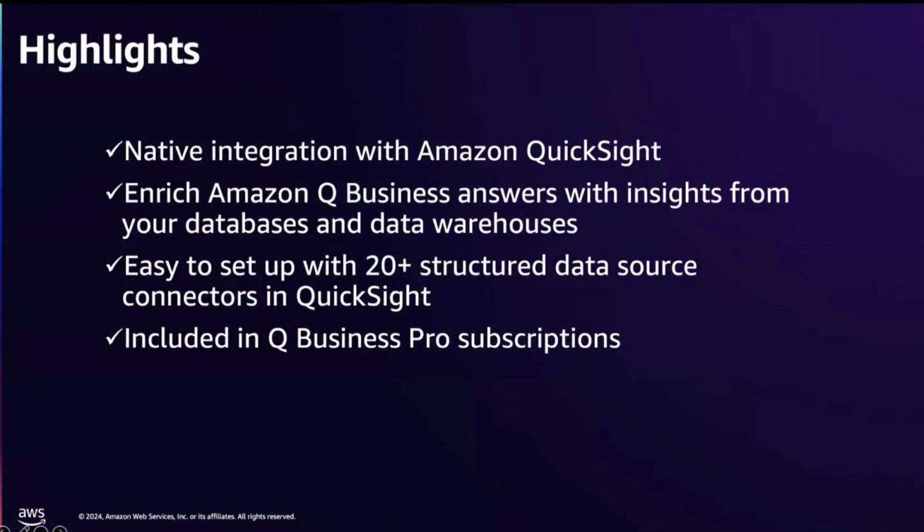Now we're able to get QuickSight visuals there as well. As a result, QBusiness users are now able to take advantage of QuickSight's integration with structured data sources. And the nice part is that because it's under that same Pro user umbrella, as long as you're a Pro user, for that one flat charge, you're able to access both QBusiness as well as QuickSight.